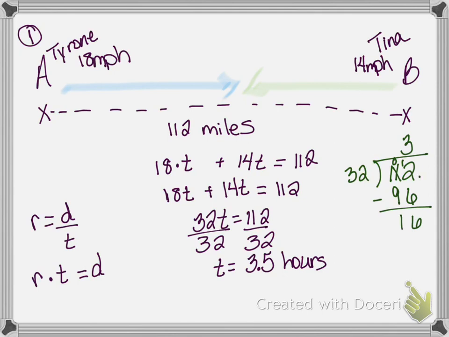Now I can keep dividing, so I put a 0 there. And 32 doesn't go into 16, but it does go into 160. And it goes 5 times. So 5 times 32 does give me 160. So I end up with 3.5. And so that is how I do the division on this. But my final answer here is 3.5 hours.